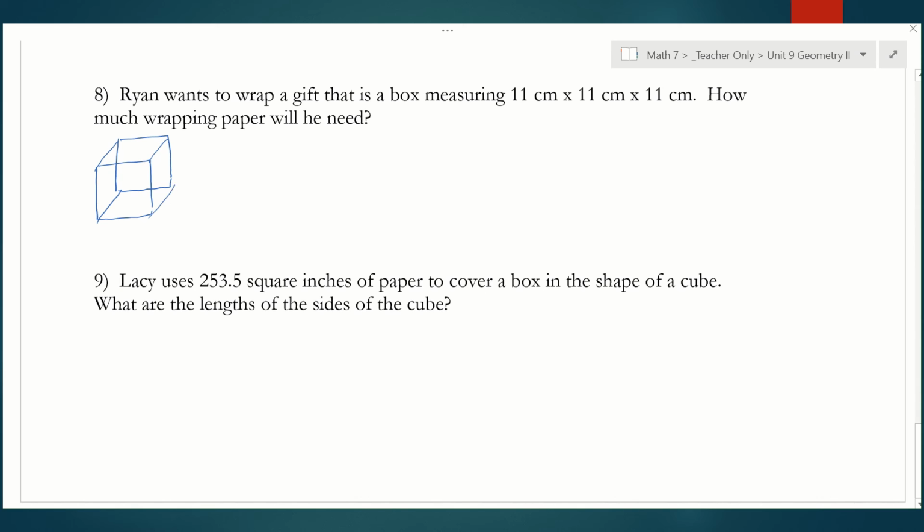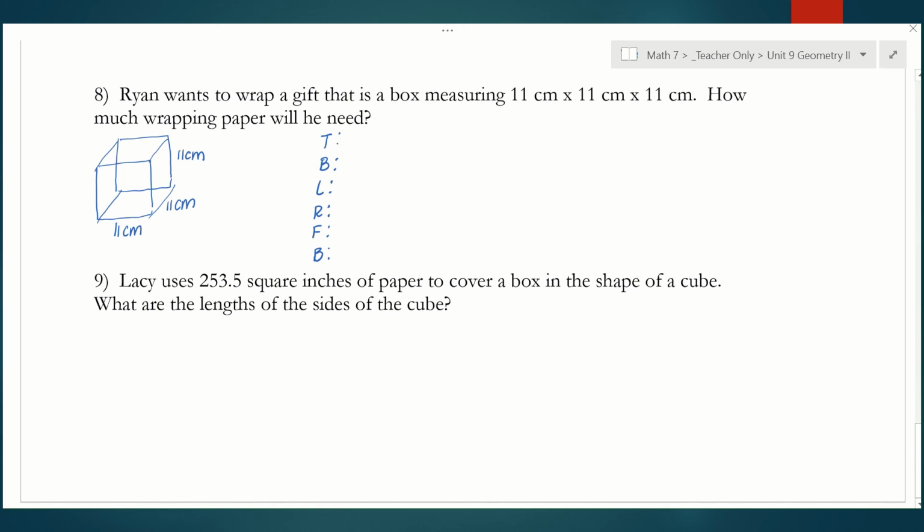All right, not too bad. So 11 by 11 by 11. So it means the length, the width, and the height are all 11 centimeters. Okay, so top, bottom, left, right, front, back.